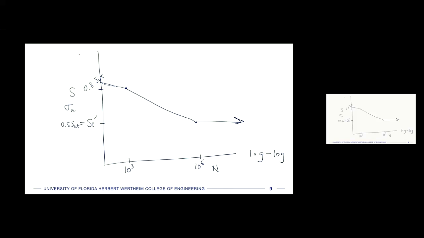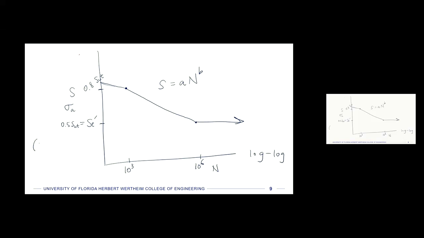And we can say that the stress amplitude is some constant times the number of cycles to some power. So a straight line on a log-log plot has a power law. So we can apply a power law to fit directly to that. So we know these two locations. So we sort of have 2 points on this curve.